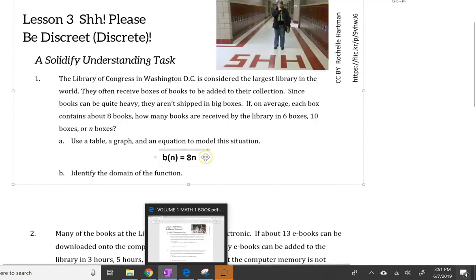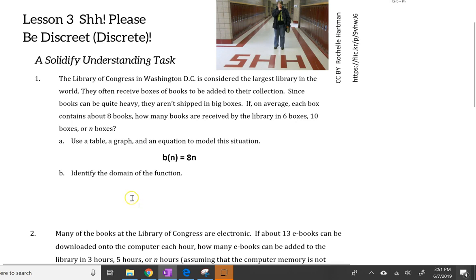So we can now identify the domain of this function. This equation here is the equation that we just used to make the table. B of n, where b represents the number of books and n represents the number of boxes, equals 8n. So the domain is going to be the set, and that's what this symbol here indicates, the set of whole numbers.